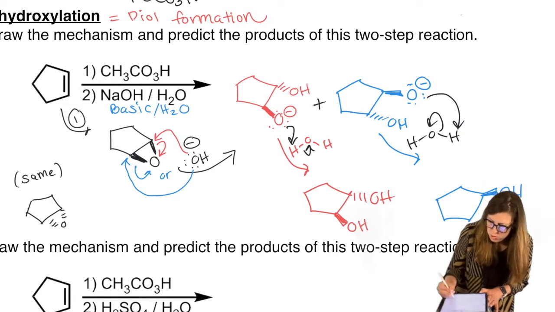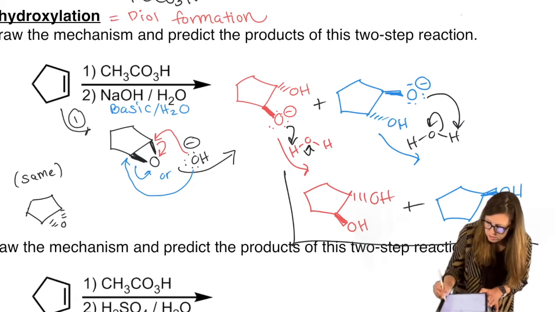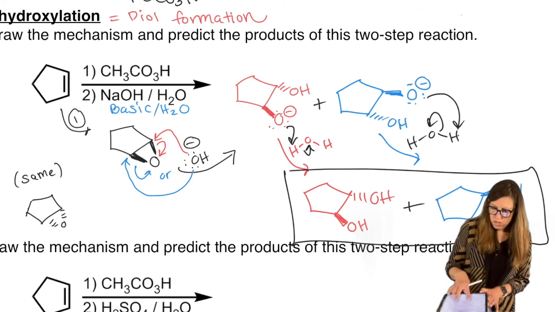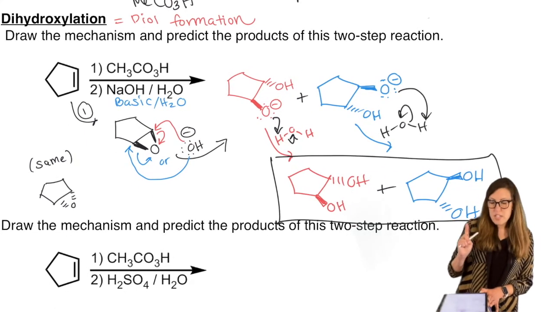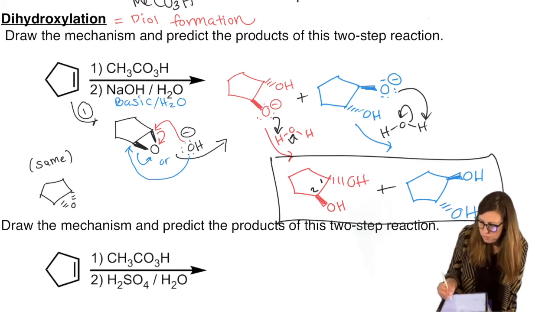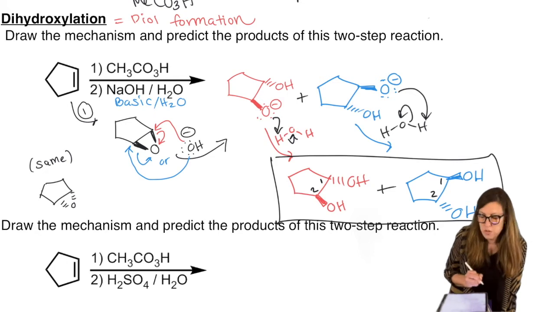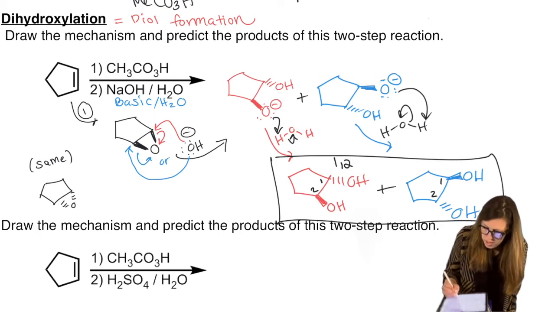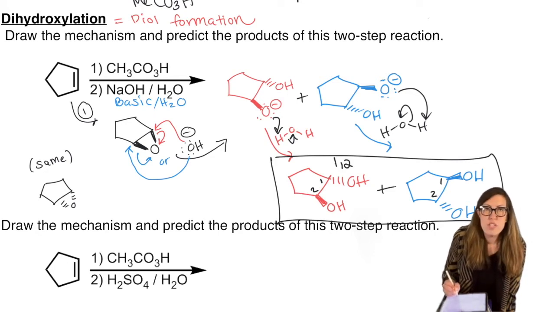And let's take a moment to observe our diols. So notice they are 1,2 diols. In other words, if I call one of them number 1, I get to number 2 before I have to stop numbering. So they have a 1-2 relationship. That's the regiochemistry, 1-2 relationship. The stereochemistry is that they are anti.